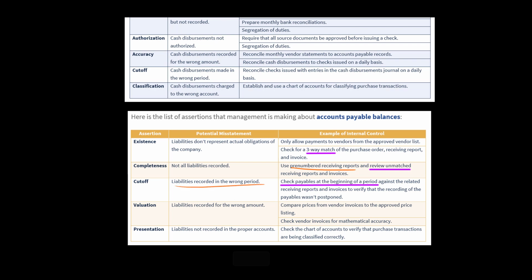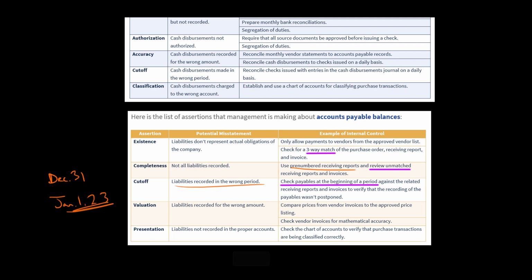So an internal control will be to have the company look at the payables that are recorded right at the beginning of the next period, right? And then check those against the dates from the receiving reports and invoices. Basically, long story short, let's say the fiscal year end is December 31st, and then all of a sudden in the first week of January, like January 1st, 2nd, 3rd, there's a bunch of accounts payable that are recorded, like a disproportionately high number.